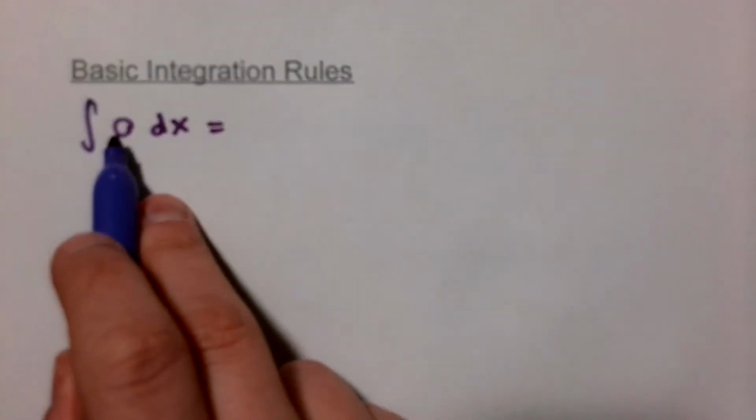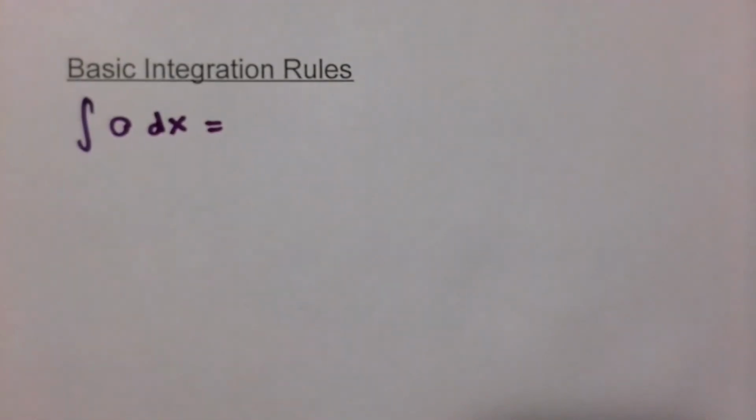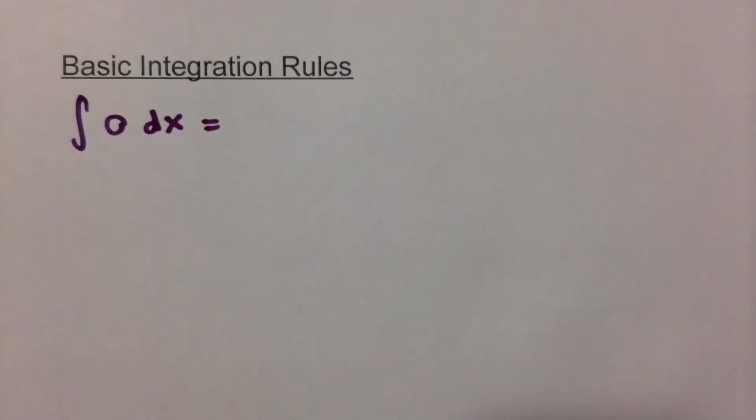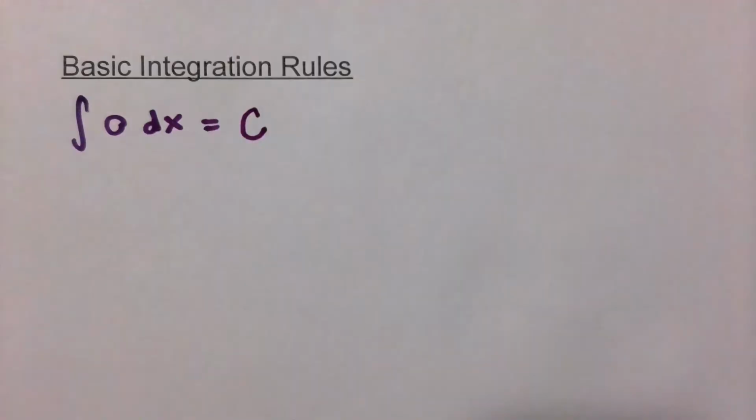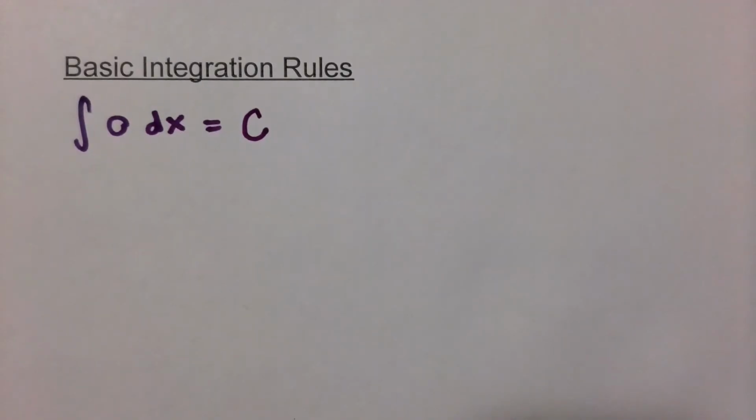And so if I'm integrating 0, think about the derivative that would give us 0, the original function. If we took a derivative, it had to be just a number to begin with. And so if I'm taking the integral of 0, it's just a constant. So just some c. Without more information, we don't know what constant.